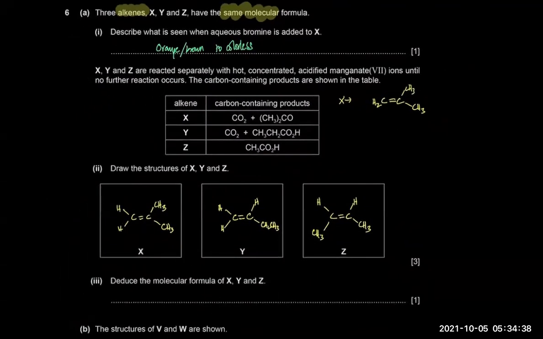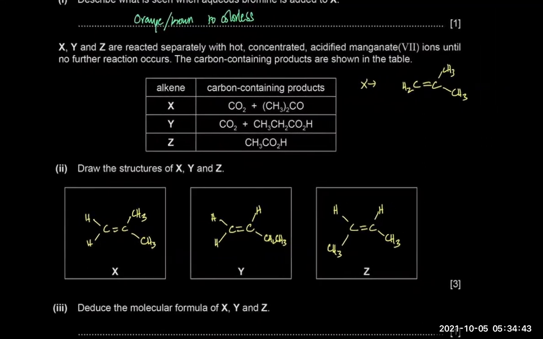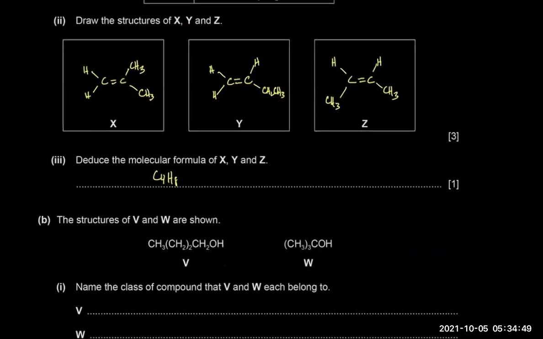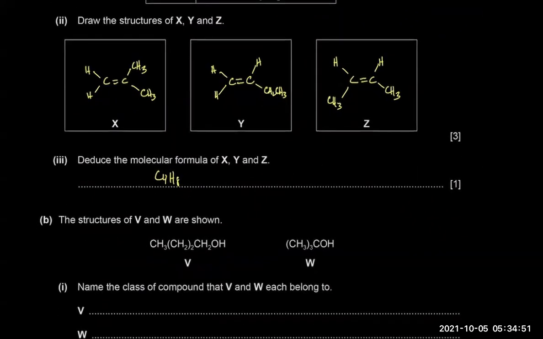Deduce the molecular formula of X, Y, and Z. They're all 4 carbon alkenes, so the molecular formula is just C4H8. Right? The structures of V and W are shown. Name the class of compounds that V and W each belong to.